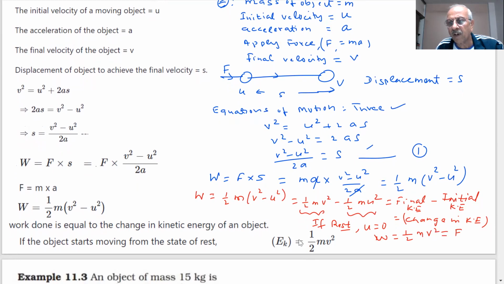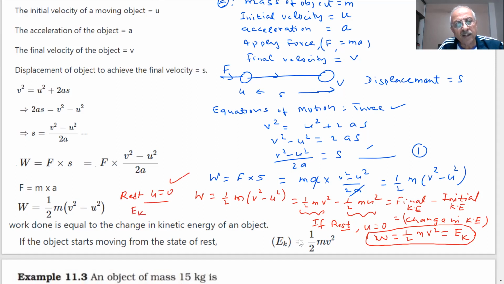And that is what we call the kinetic energy. This is the formula of the kinetic energy, student. If at rest, U will become equal to 0, then the kinetic energy or the work will become half mv square.